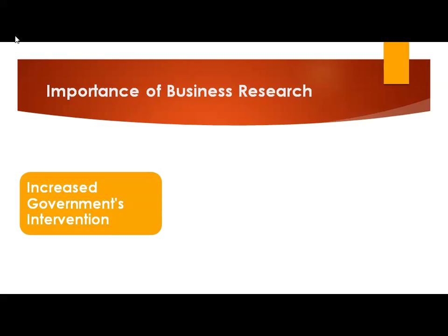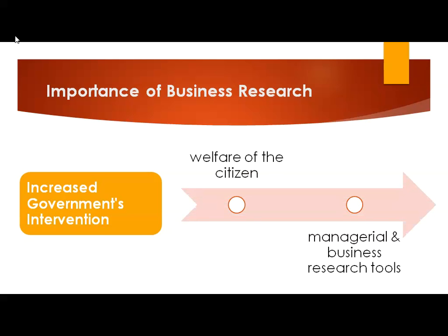Next is increased government interventions. Government continues to focus on the welfare of citizens by laying down norms which are becoming increasingly aggressive to use managerial and business research tools and protect all aspects of society.